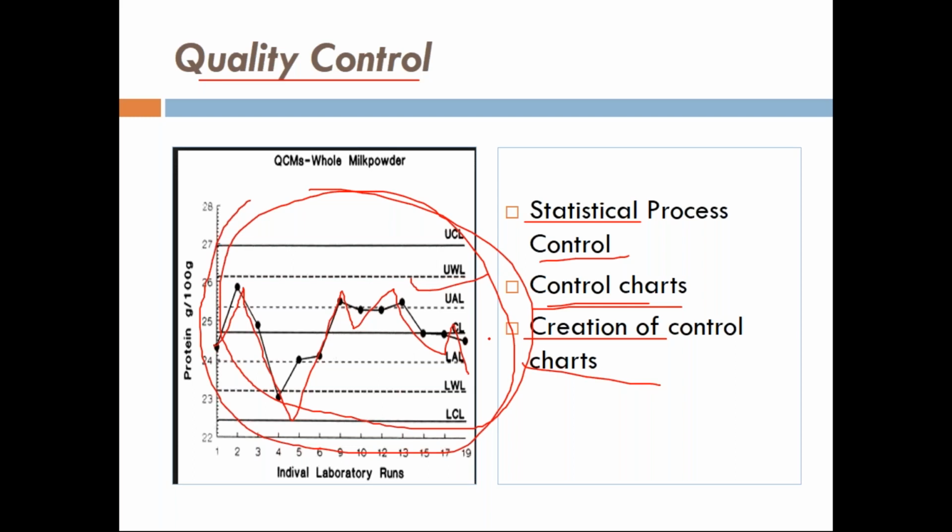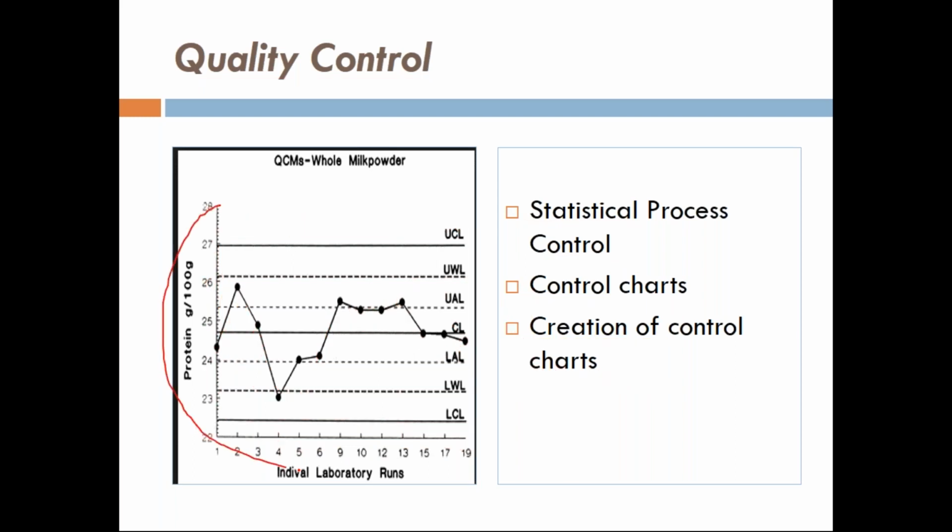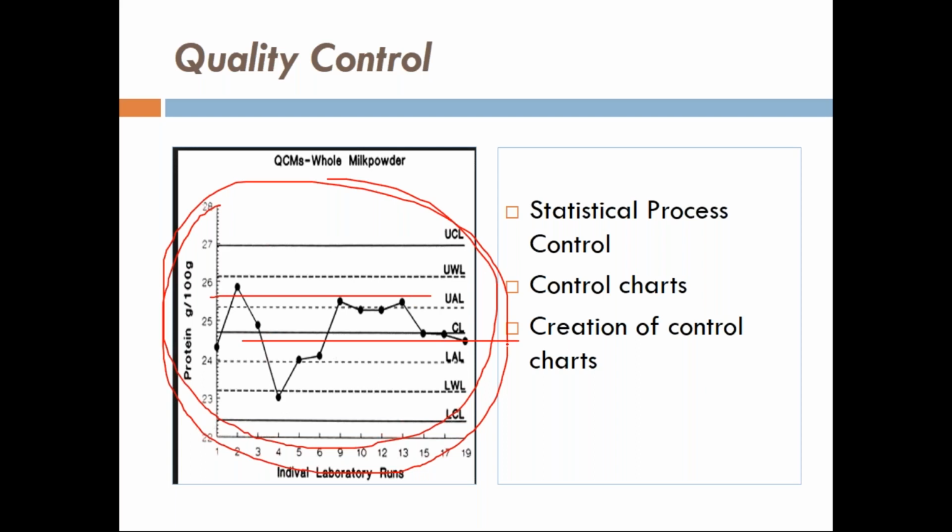We need to learn those things. We will create this control chart from the SAP system, and later they will analyze it. Analyzing the pattern is the activity of end users or business users. As a consultant, we only need to ensure how this control chart is generated from the system and what settings you have to do. That is quality control.